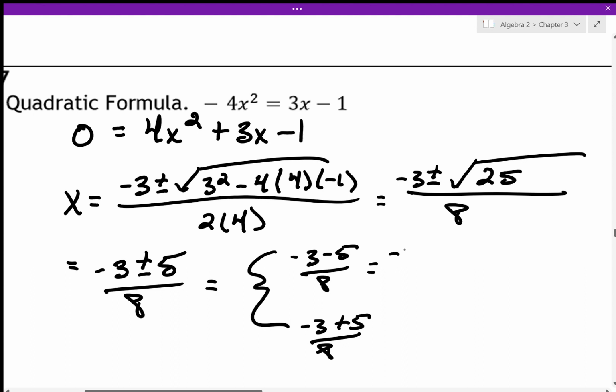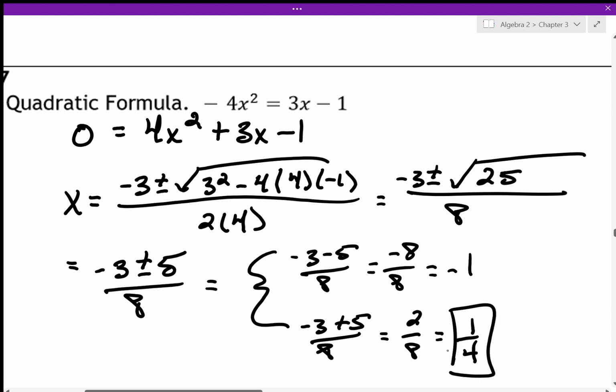The top one here gives me negative 8 over 8, which is negative 1. And the bottom one here gives me, what is that going to be? Negative 3 plus 5 is going to be 2 over 8, which is going to be 1/4. And there we have our separate answers.